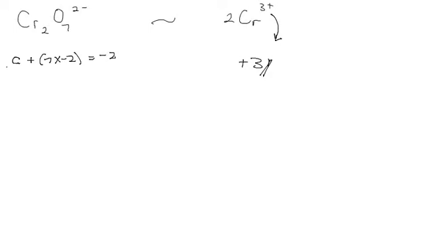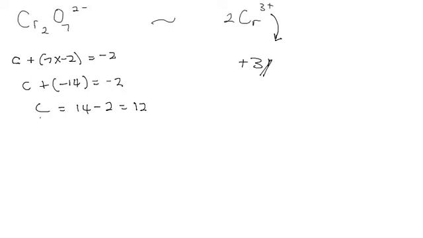So we have 2C plus 7 times -2, this will give -14, equal to -2. When you take this to the right hand side, it will be 2C is equal to 14 minus 2, that's 12. But then this C is actually in 2 places, so when you find your answer here, you divide by 2.